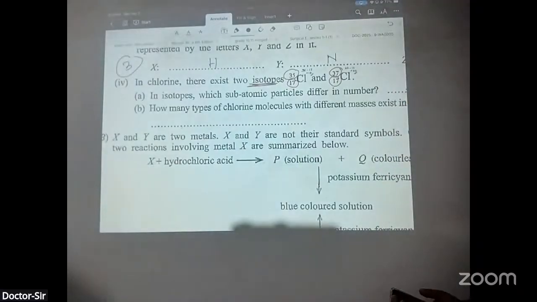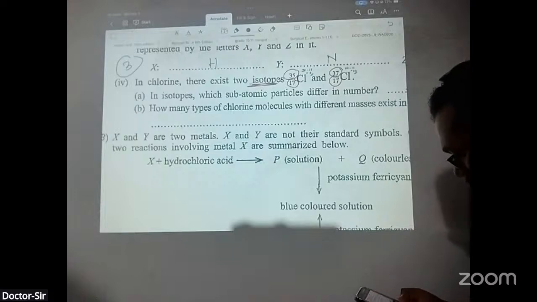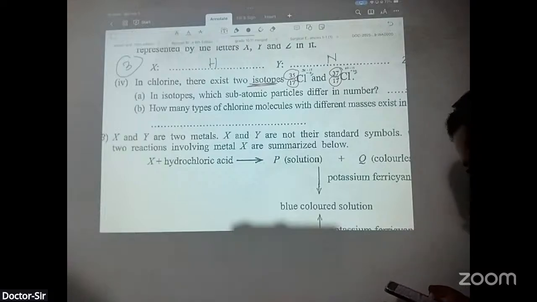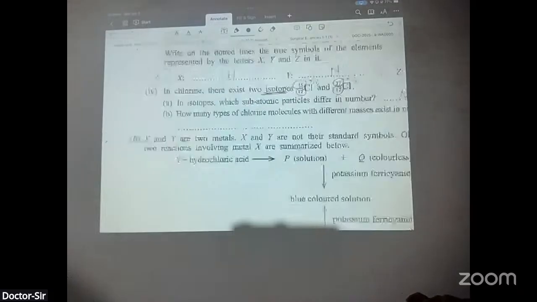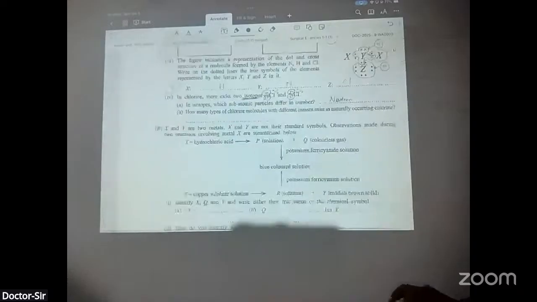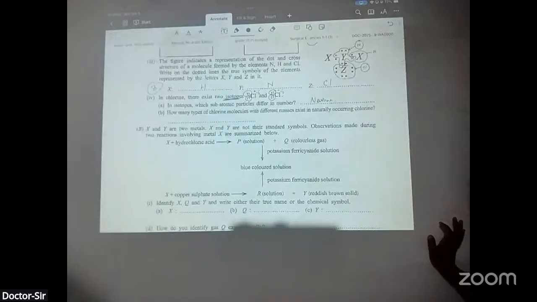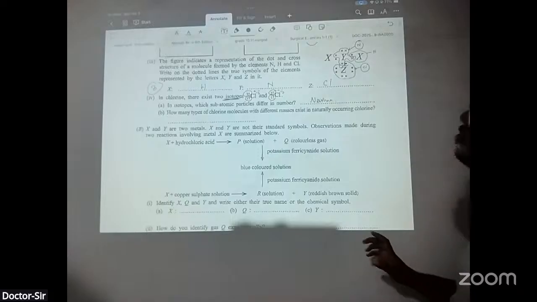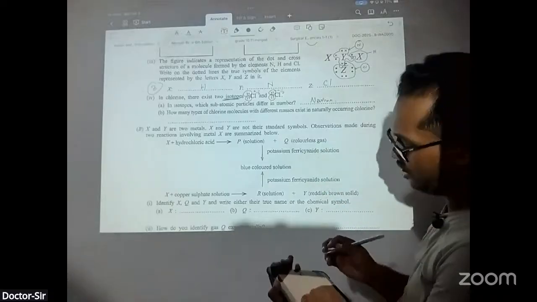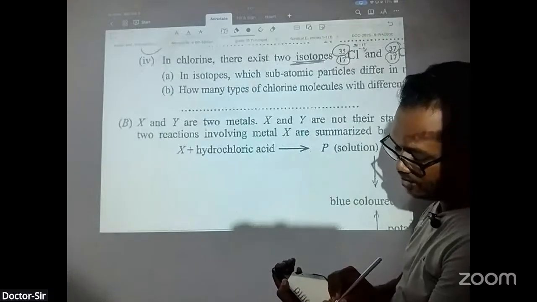So how many types of chlorine molecule differ? They're asking how many types of chlorine molecule with different masses exist in naturally occurring chlorine. Natural chlorine වල කීයක් ඔය වගේ දකින්න පුළුවන් different masses තියෙන. එහෙනම් we have three types.